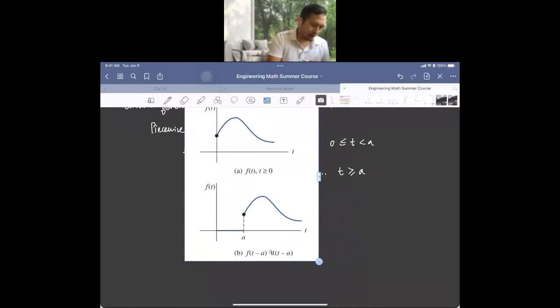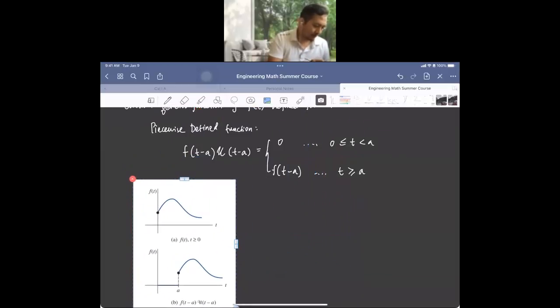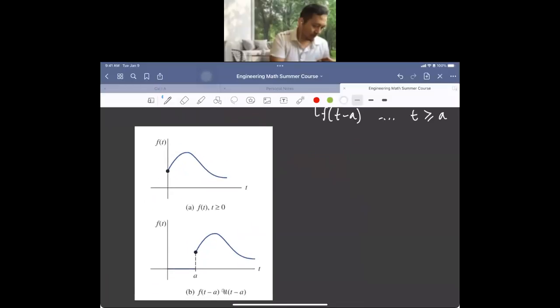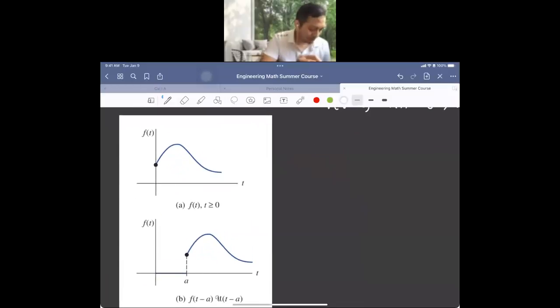In this figure, look at what will happen when we add the Heaviside functions.